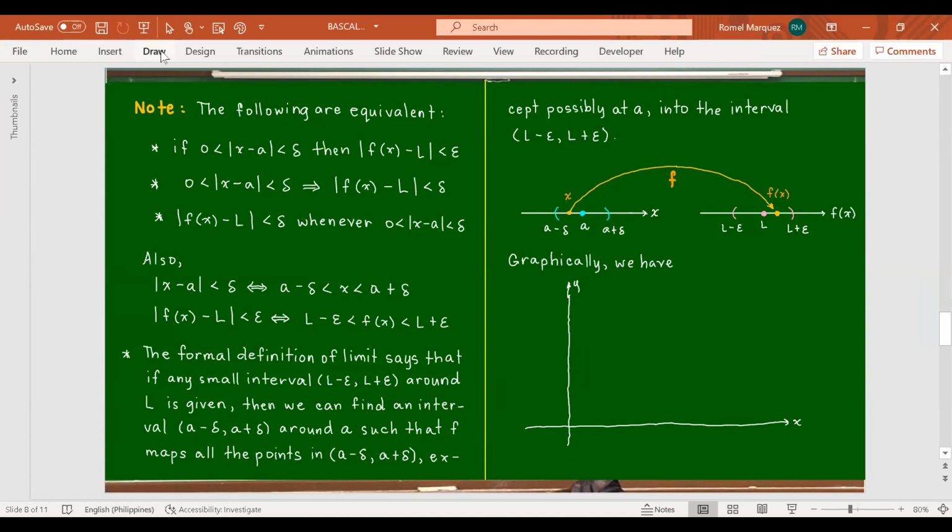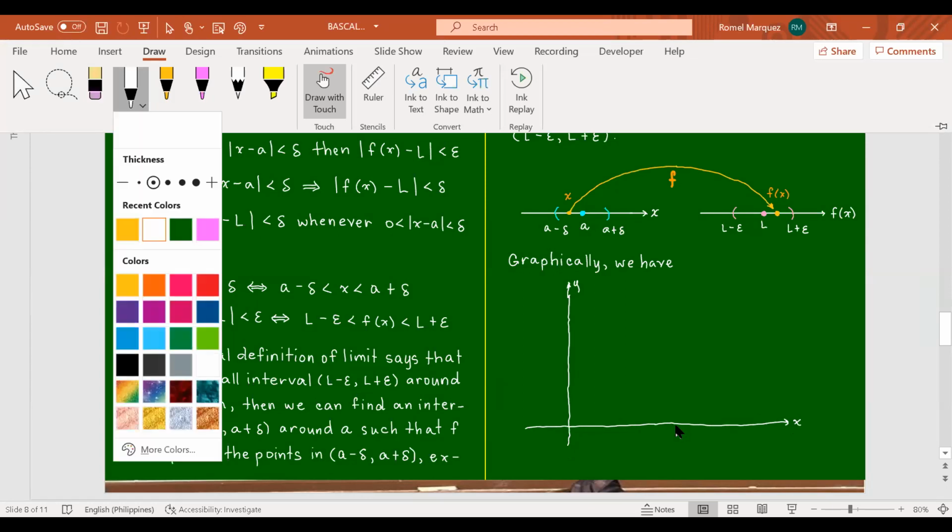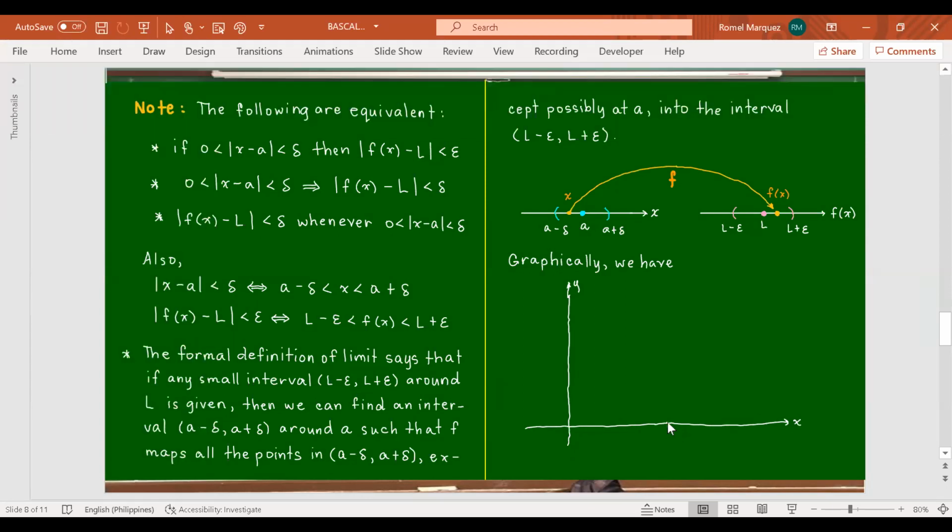And let's say this is my A here, and this is my L here. Away from L, a distance of epsilon, I have here an open interval. This is L plus epsilon, and this is L minus epsilon.